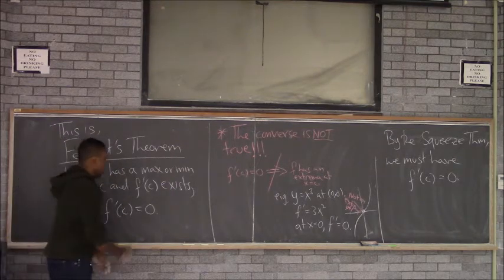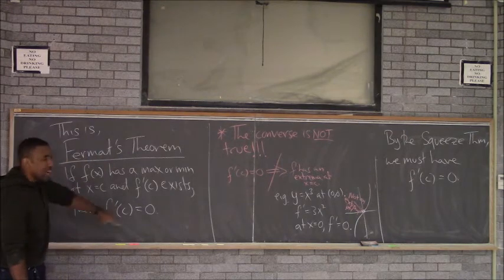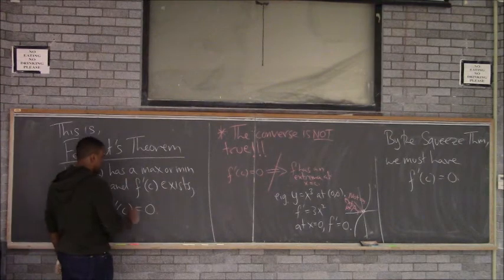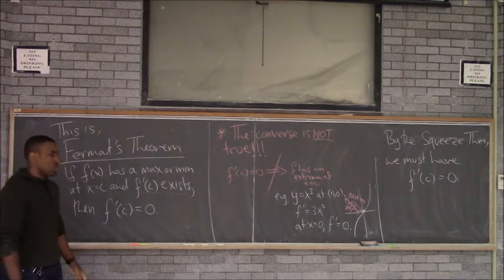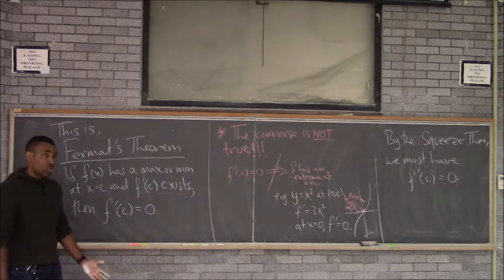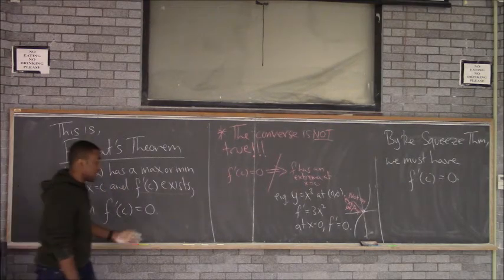It's also worth mentioning that there is a blind spot to the statement as well, because it talks about f prime existing. What does that mean? If f prime doesn't exist, you won't have a max? Well, no. Because if that was true, the statement would specifically say that. That's also not true.